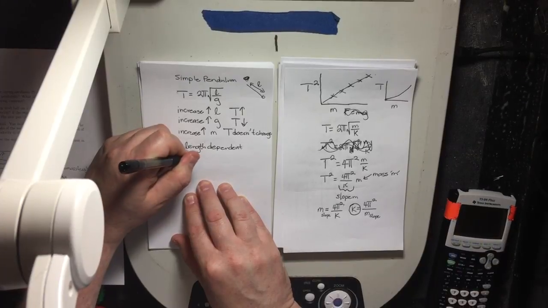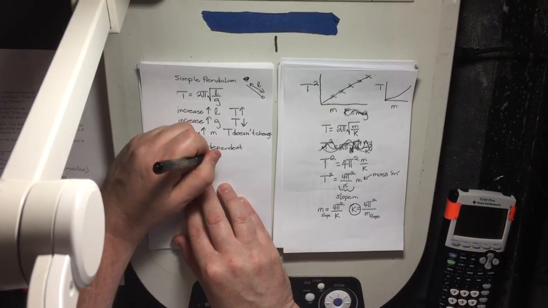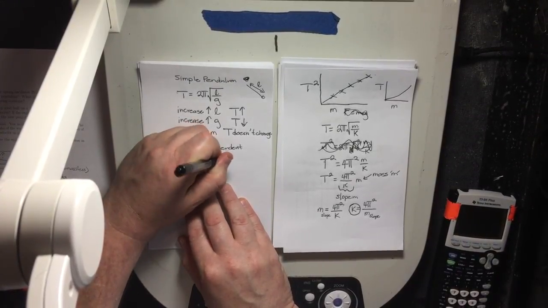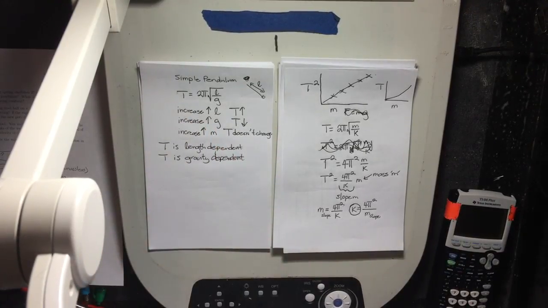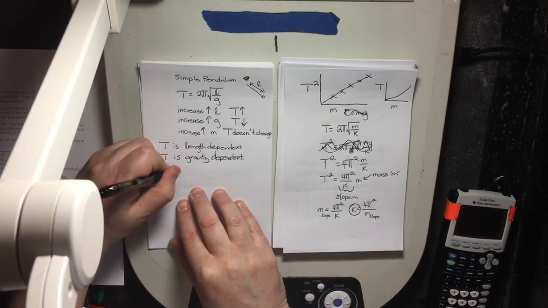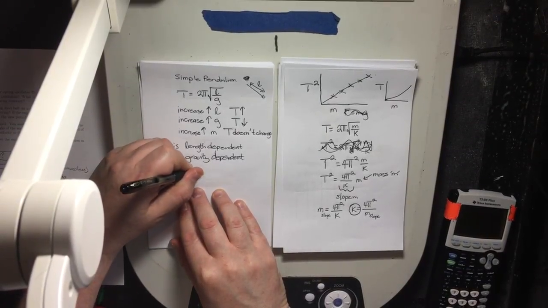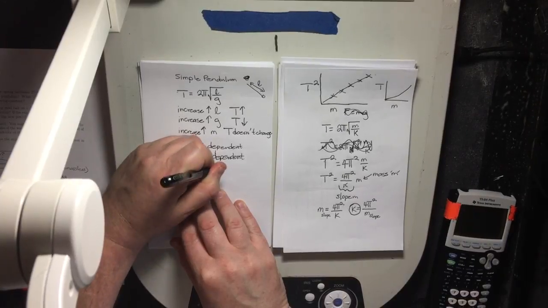It is gravity dependent. This thing will change its behavior based on where it is, on Earth, on the moon. And it is mass independent.